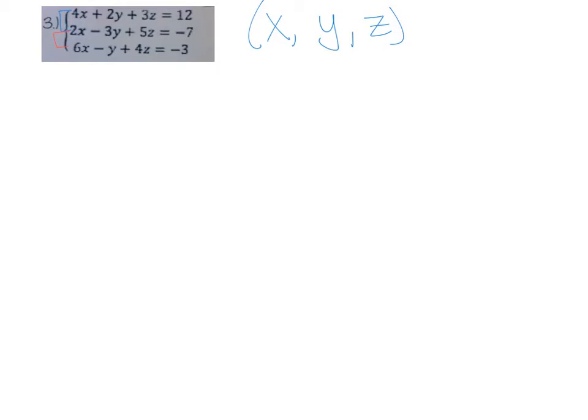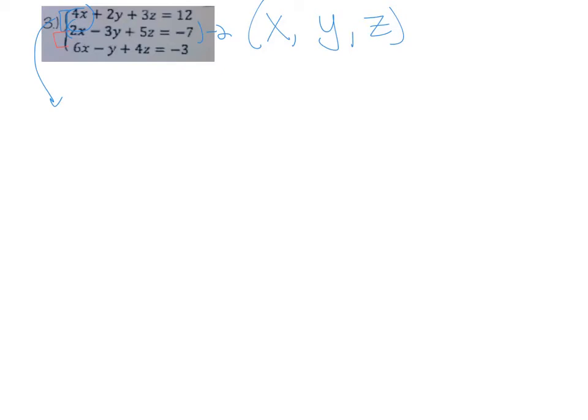Now, what we have to do is figure out how to make my x's drop out. So in these first 2 equations, I'm looking at how I can get my x's to drop out. If we multiply that middle equation by a -2, then when I add straight down, my x's will drop out.